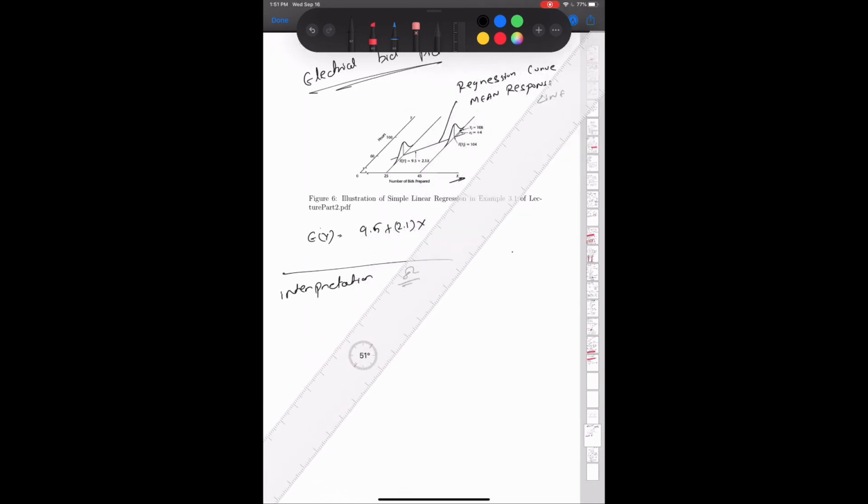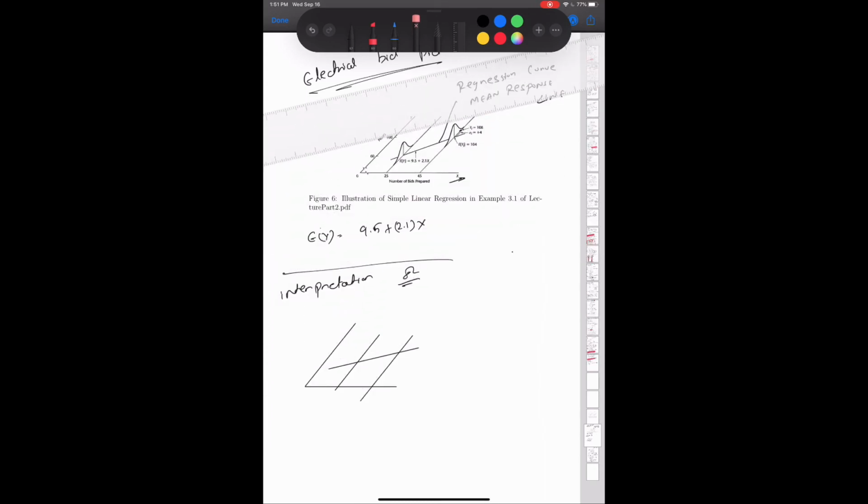Okay, so let's draw here, here, and then here. Okay, and now let's draw this here. Okay, and I have a regression line that's like this.